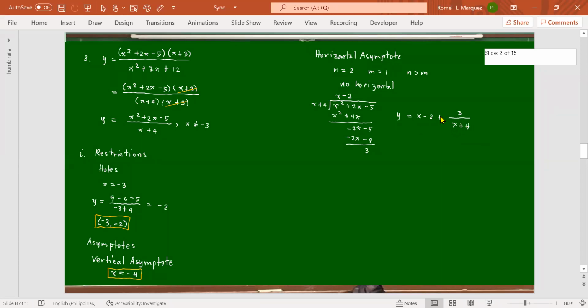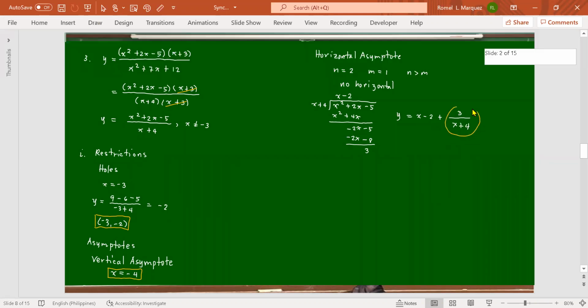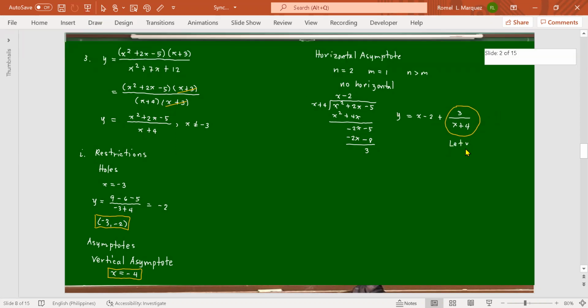Ito ngayon, di ba sabi natin, gagawin natin itong mag-approach sa 0? This will approach 0. Okay? Bakit? Kasi we let x become large, plus or minus infinity.